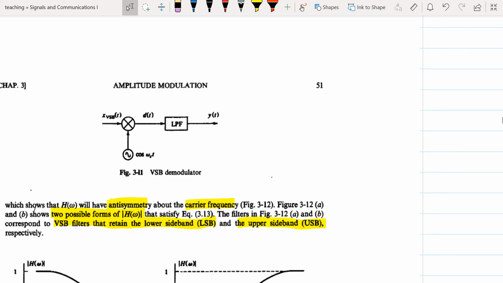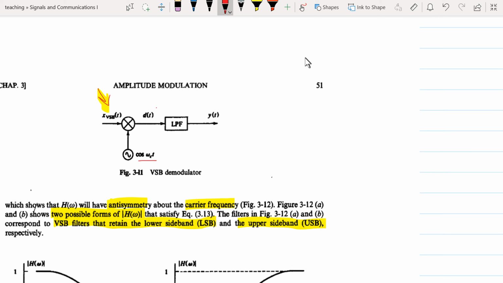In this case, we are receiving the vestigial sideband signal at this point, where you multiply with the local carrier having the frequency omega c. Then you get the demodulated signal d(t) that has a term that has a double frequency component.